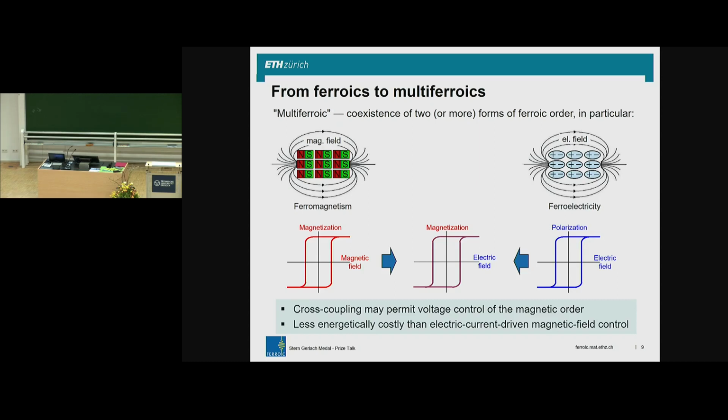That is hugely interesting because imagine you would manipulate magnetization with a voltage pulse rather than with an electric current. You would save lots of energy. No currents flowing, just a voltage pulse. That's why these materials are so much discussed. Okay, and that also is reflected by the publication activity. That's not our publication activity, that's the community.